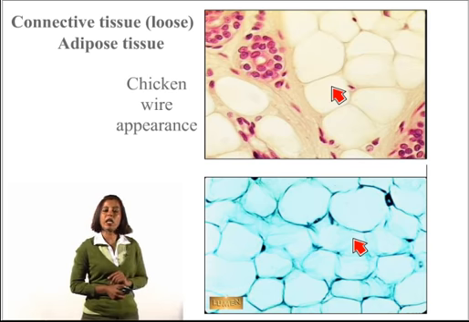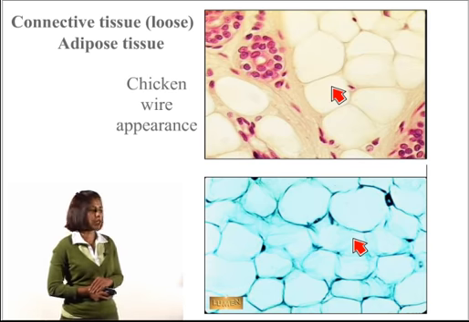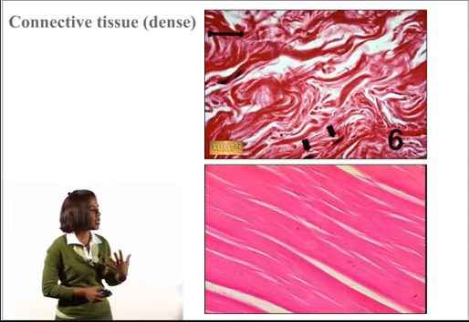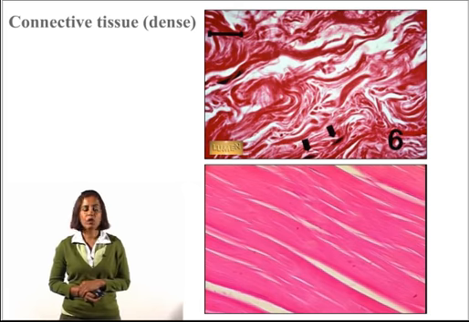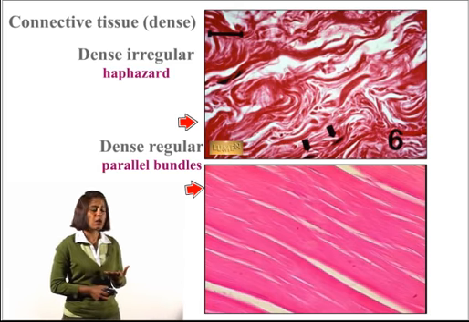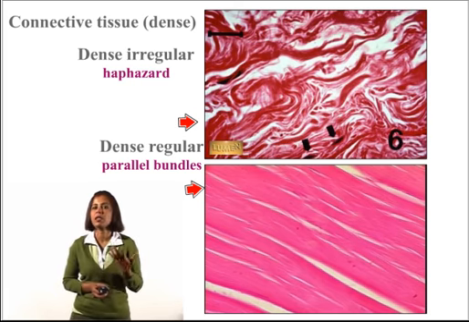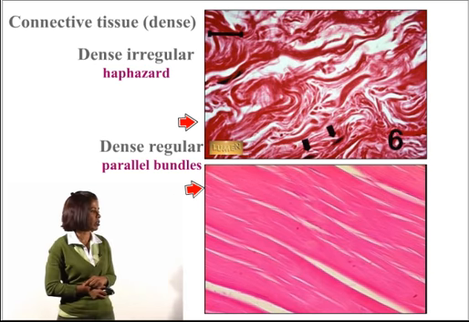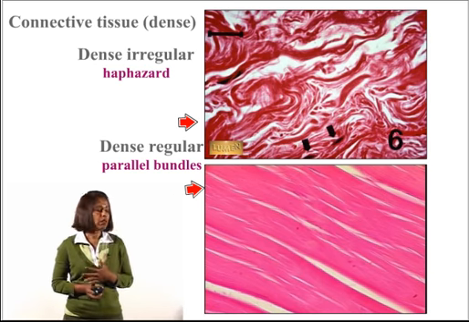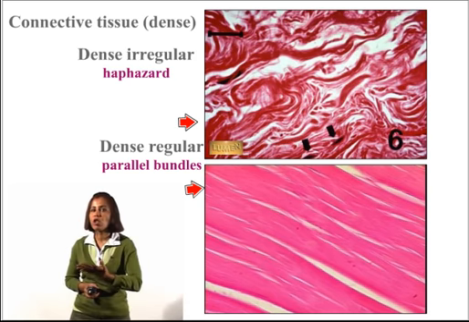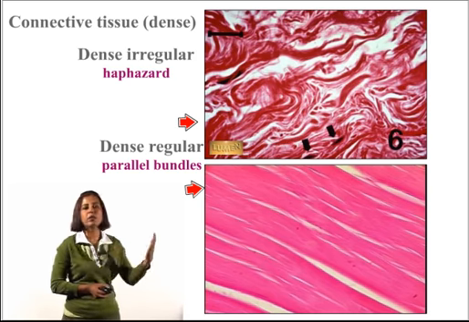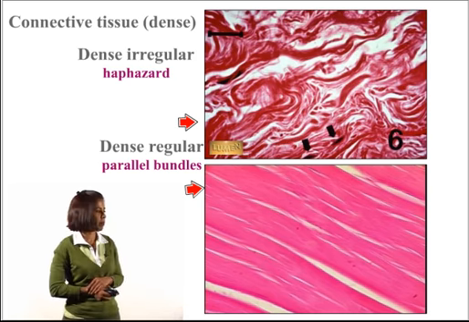Now from loose connective tissue, let's move to dense connective tissue. And again, dense connective tissue is of two types. You have dense irregular, where you have collagen fibers bundled together densely, but the arrangement is in a haphazard fashion. Dense regular, as the name suggests, is a more regular looking tissue where the collagen fibers lie in parallel bundles.